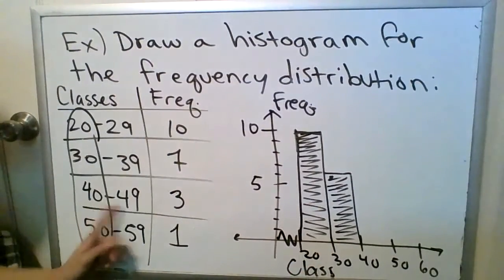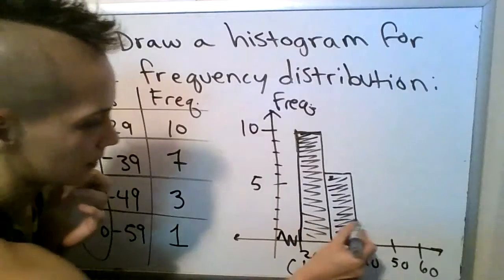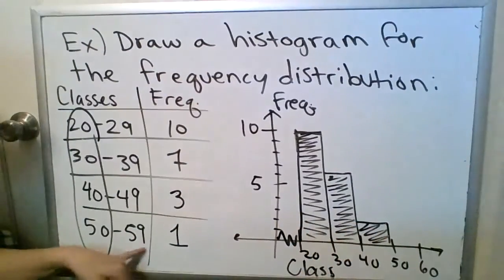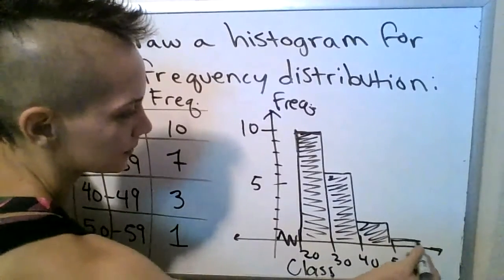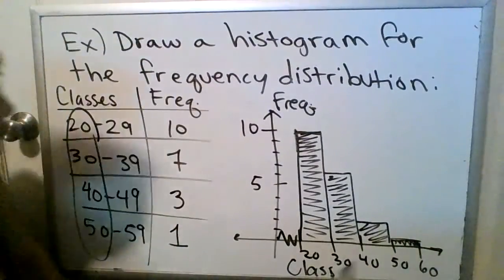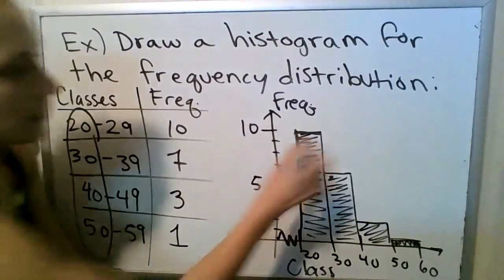Okay, 40 to 50, we're going up to 3. Last one is the height of 1. That's our histogram.